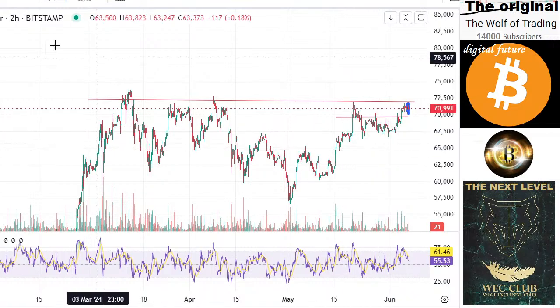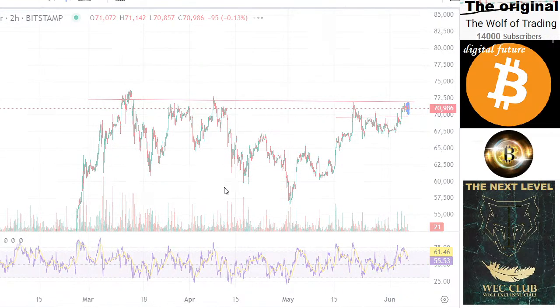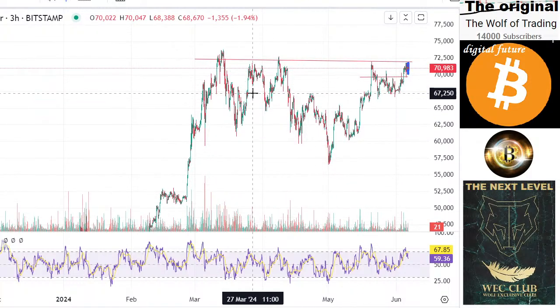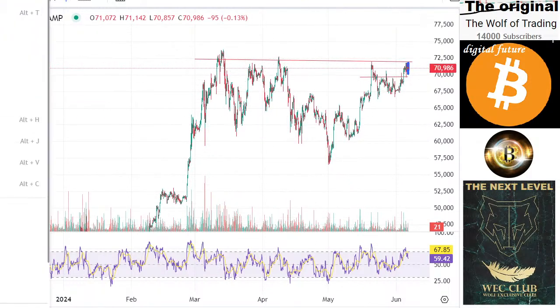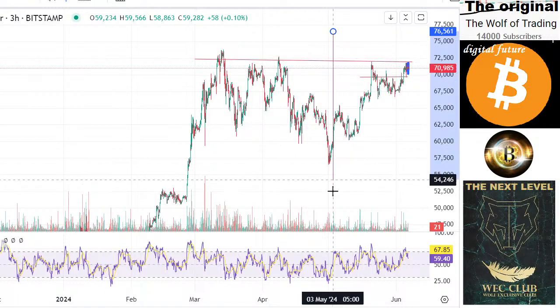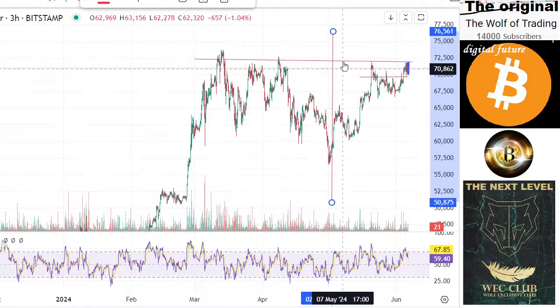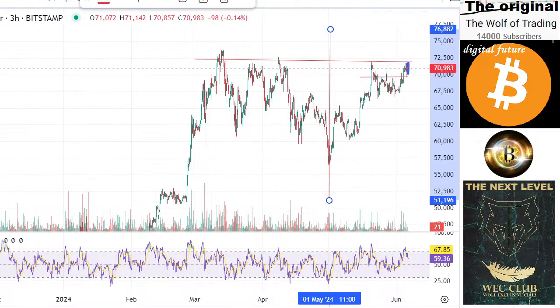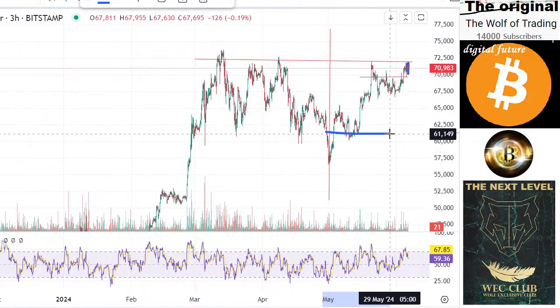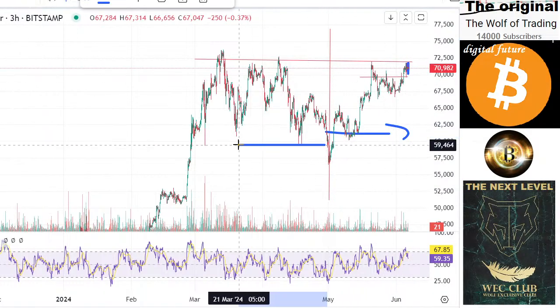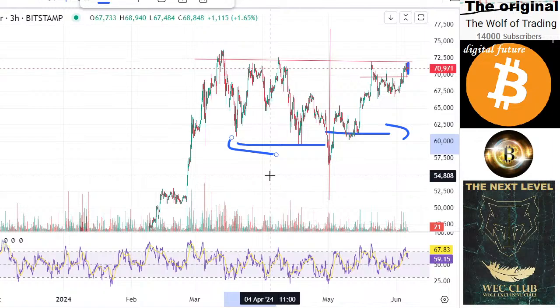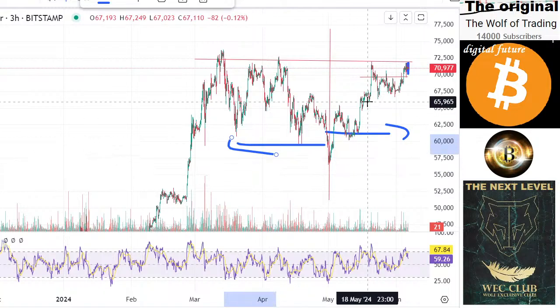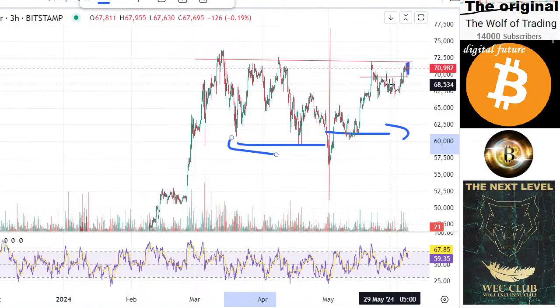But this is too few. This is not symmetric. If you make this line here, this area is never the same as this area. And that's the reason why we cannot say now the uptrend is coming and we will go to the upside.